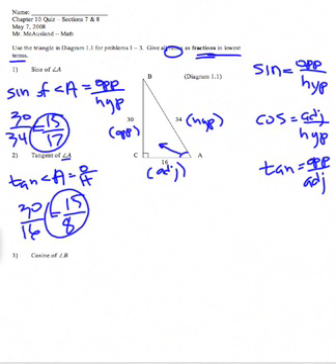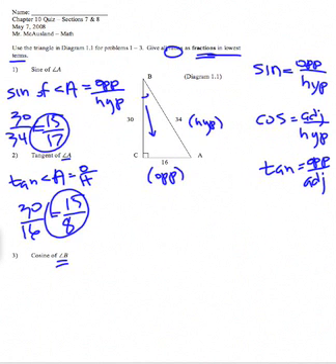Cosine, our third problem, but notice in this problem it is not angle A, it is angle B. So now all of this changes. The hypotenuse will stay the same, but we have to keep the perspective of angle B. So 34 is still the hypotenuse, but this time the opposite is 16 because it's the side opposite the angle. And 30 is our adjacent.